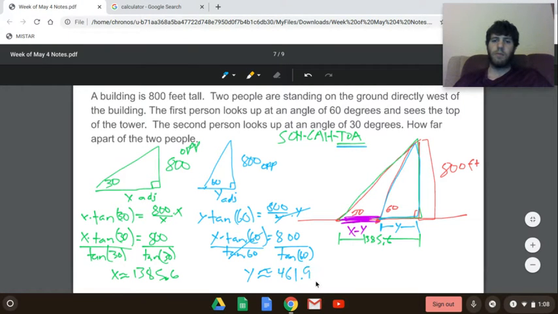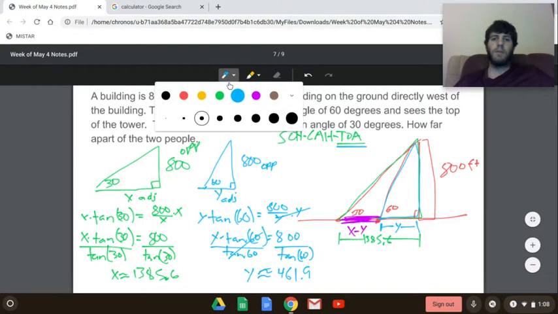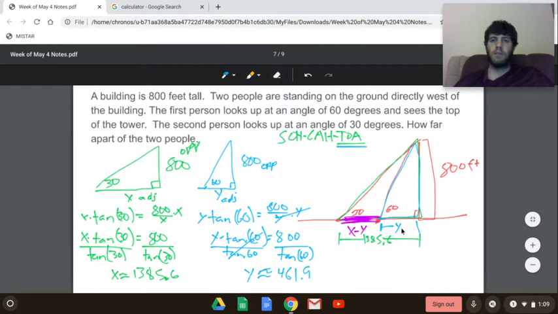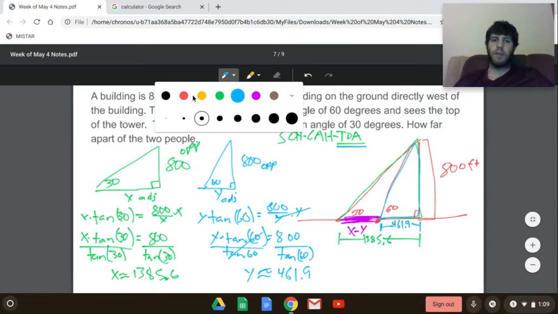So this distance here is 461.9. What we are trying to solve for then, we can find by subtracting those two numbers.